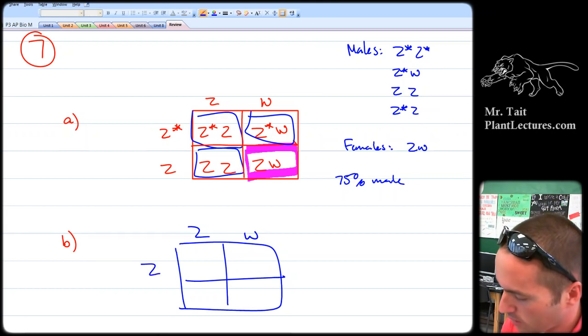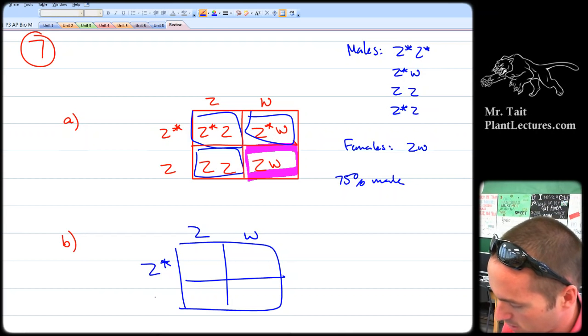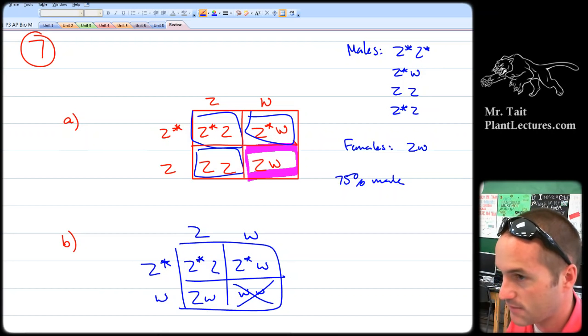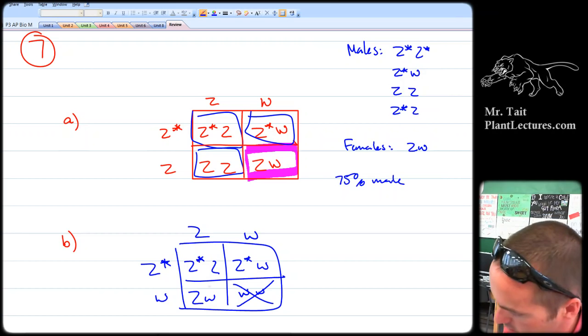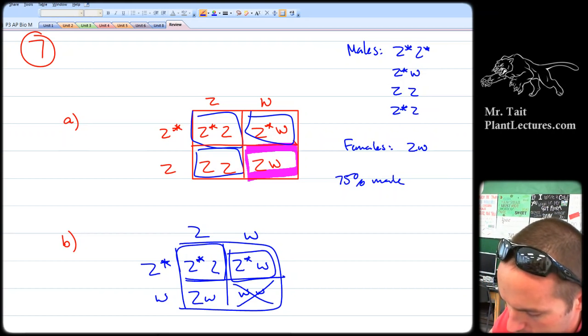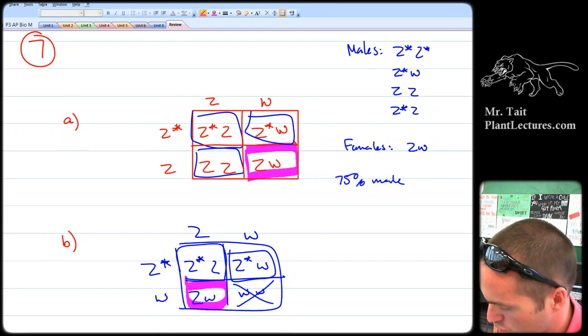And the other one was Z star W. And so what that did was it gives us Z star Z, that's a male. It gives us ZW, that's a female. It gives us Z star W, that's a male, and it gives us WW, which is a dead fish, right? And so there are two males here, and then there's a single female, so 2-to-1 ratio.